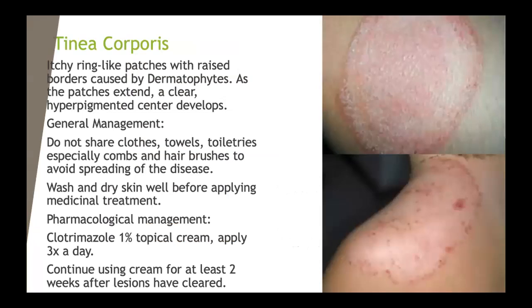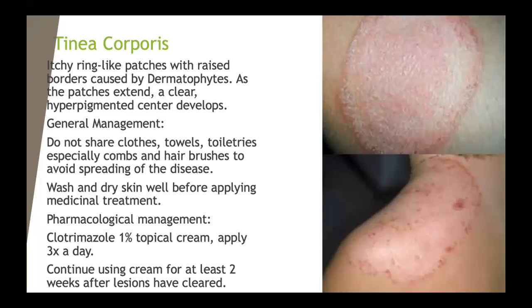So yeah, like I said, this is tinea corporis. It's itchy ring-like patches with raised borders that are caused by dermatophytes. As the patches extend, a clear hyperpigmented center develops, as you see in the picture at the top.